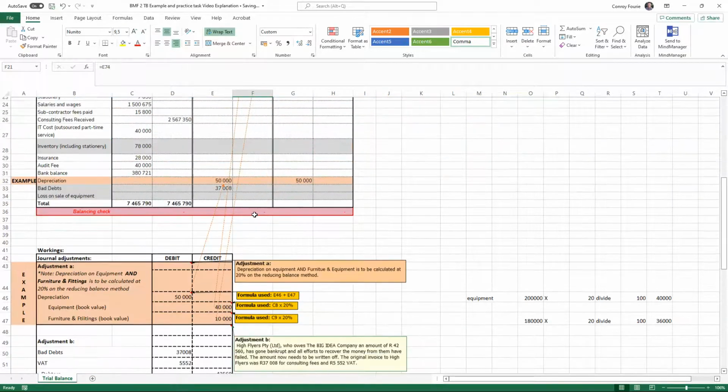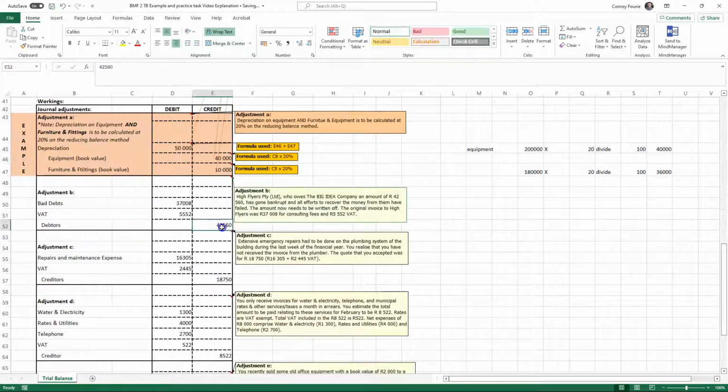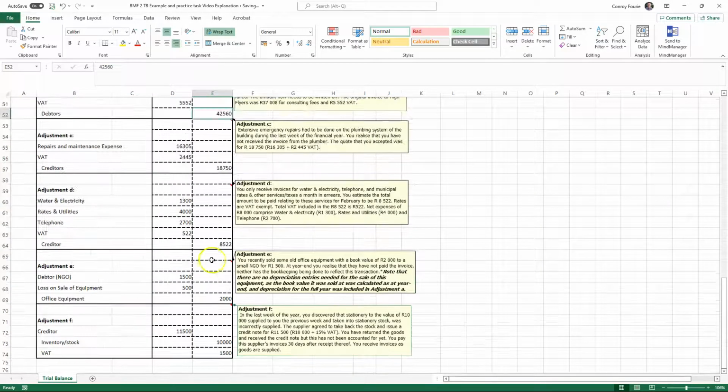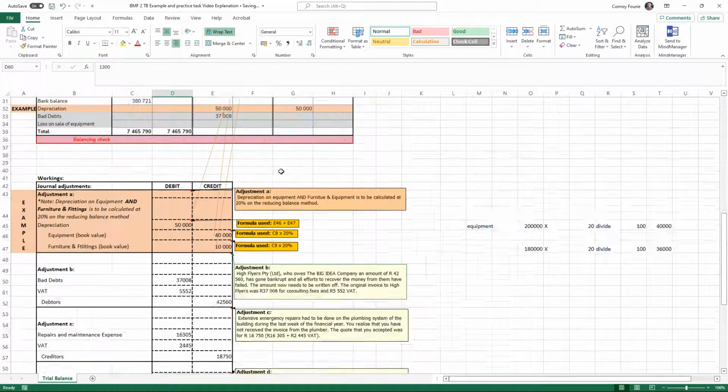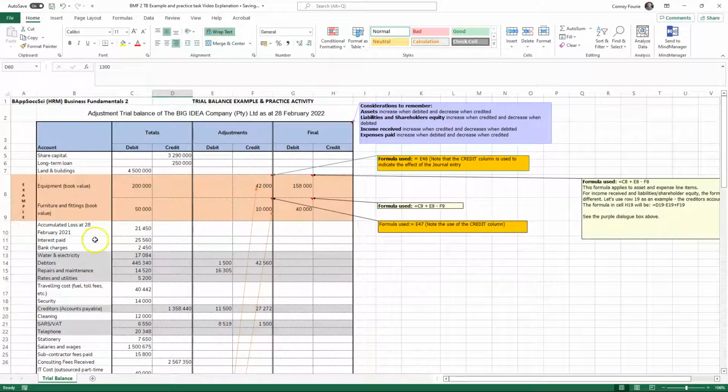Where were we? We've done debtors. There's the maintenance creditors. I think now we need to do the water, electricity, rates, utilities, telephone, and yeah, I think we've dealt with that VAT. So we need to do these expense accounts, water and electricity.